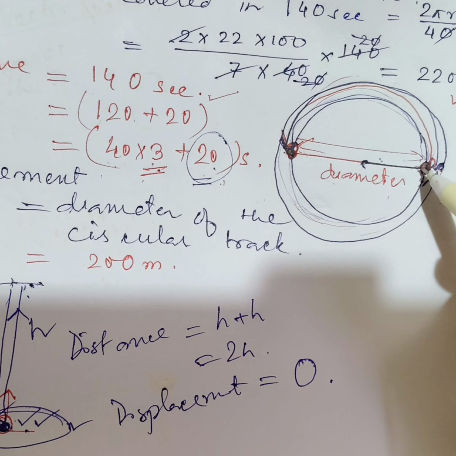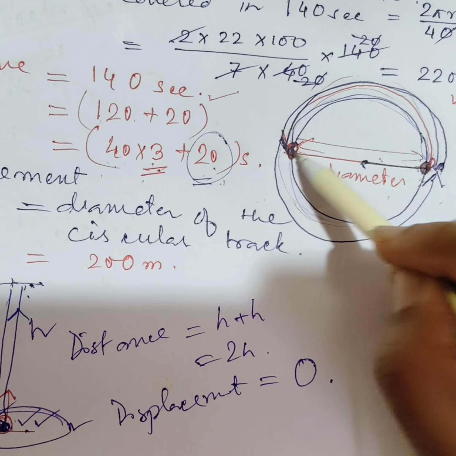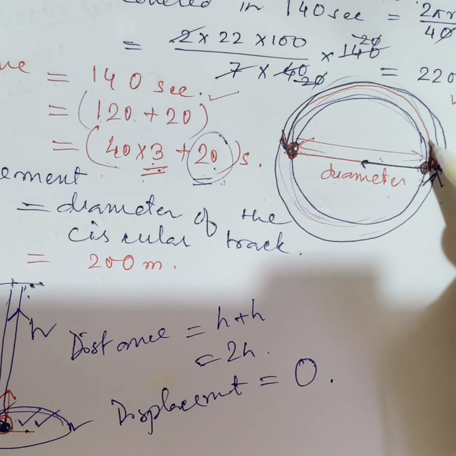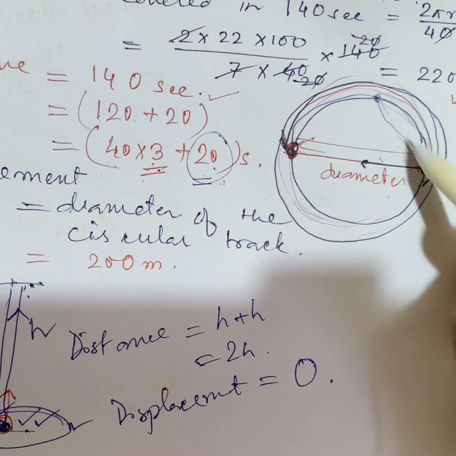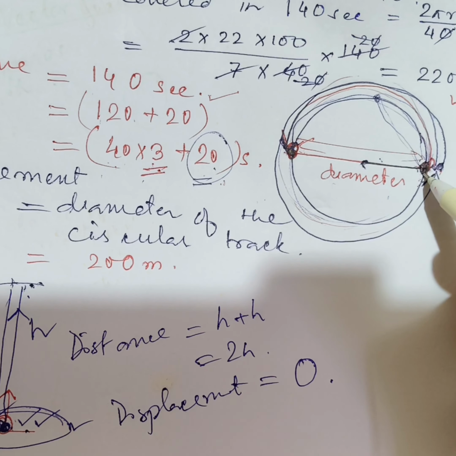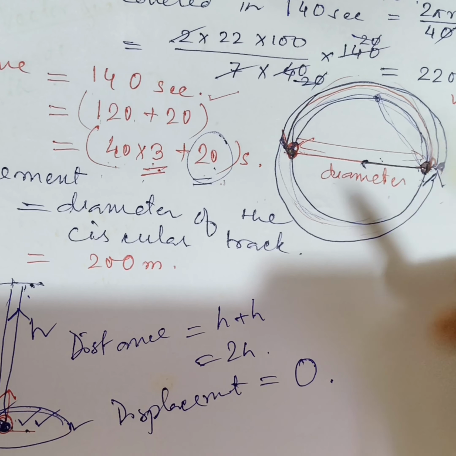Here it was 20 seconds more, so it came here. If it had been 10 seconds, then it would come here, and then the displacement would be this. So it's again a separate question that we can discuss later.